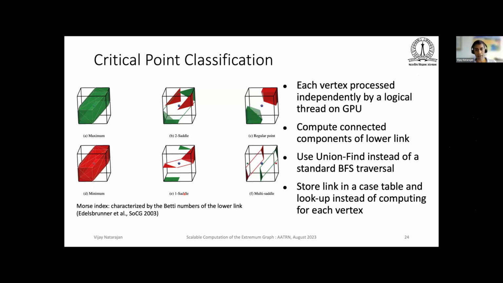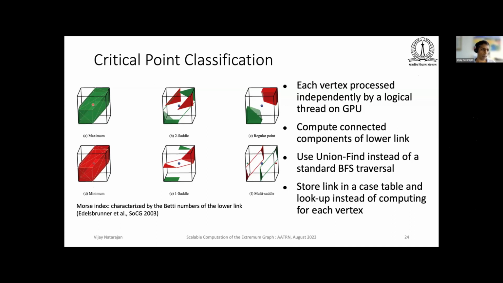Our method, just like various other methods defined earlier for computing topological descriptors, is based on the idea that the Morse index can be characterized by the Betti numbers of the lower link.